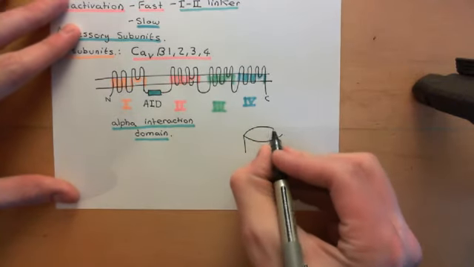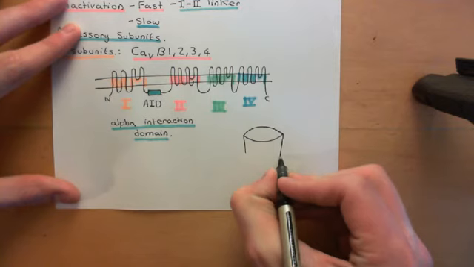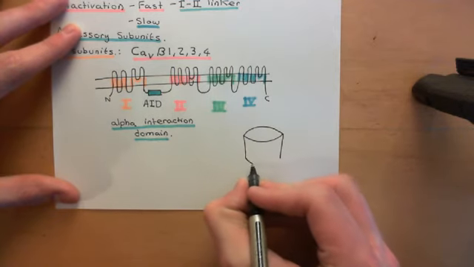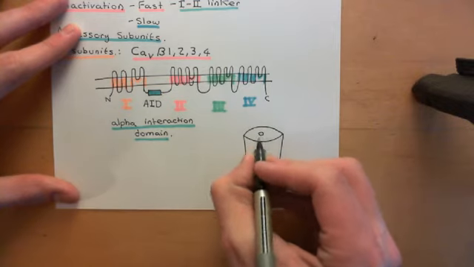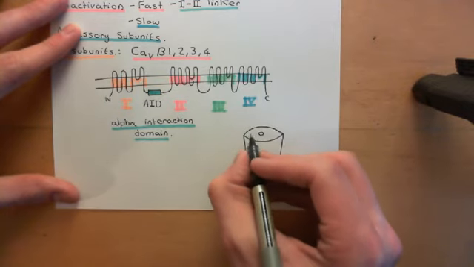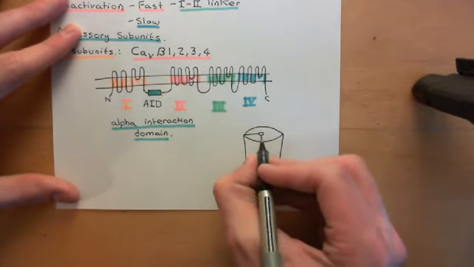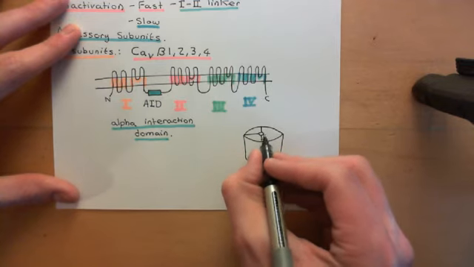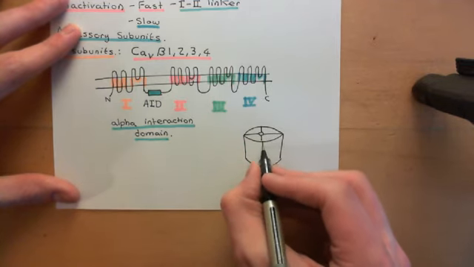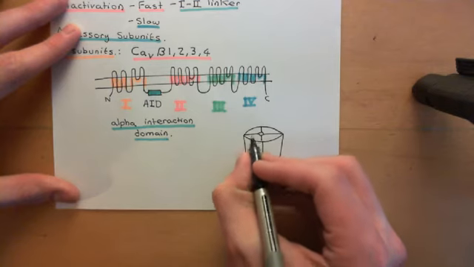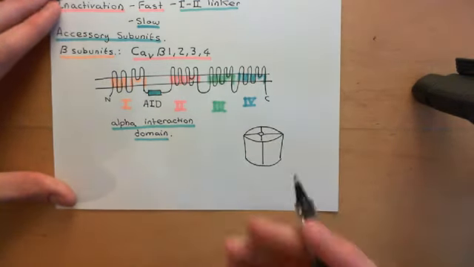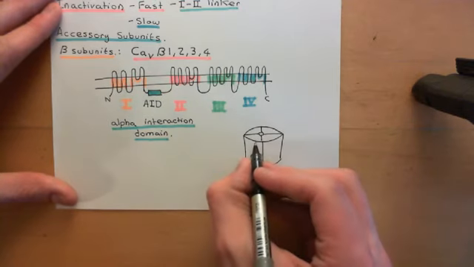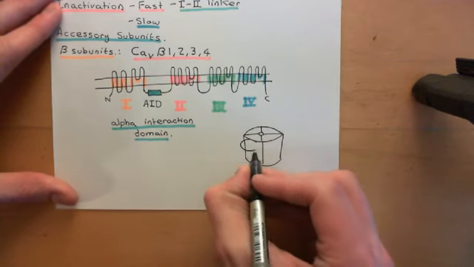Okay, so here, this is the pore of the alpha 1 subunit of the voltage-gated calcium channel. Here is, well, this is the actual pore. This is the pore domain, basically, the pore-forming domain. Here are the 4 separate pore-forming domains of the 4 separate domains of the alpha 1 subunit that all contribute to the pore domain.